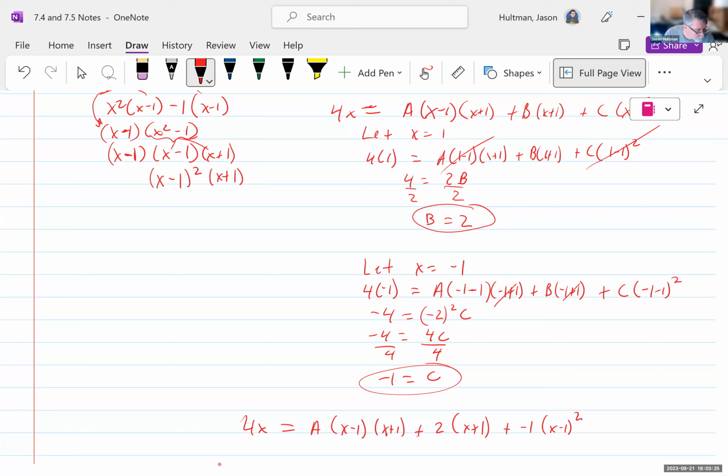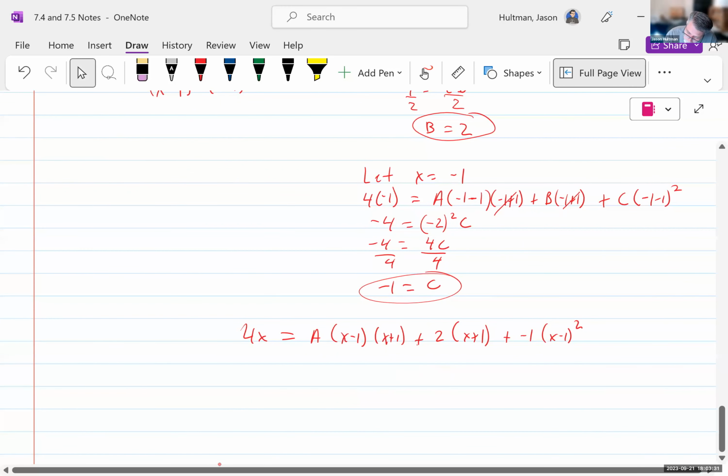Okay. And so I could multiply this all out and compare. So this is A times x squared minus 1 plus distribute 2x plus 2 minus x squared minus 2x plus 1 equals 4x.